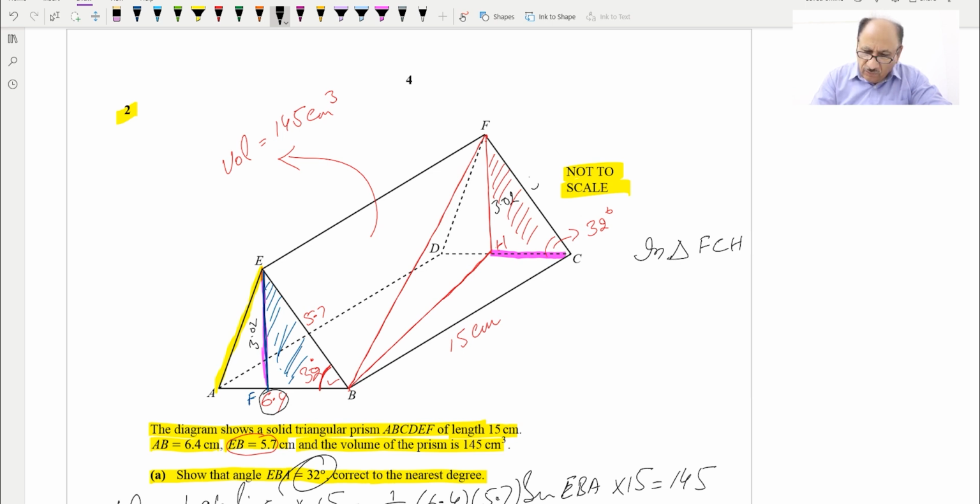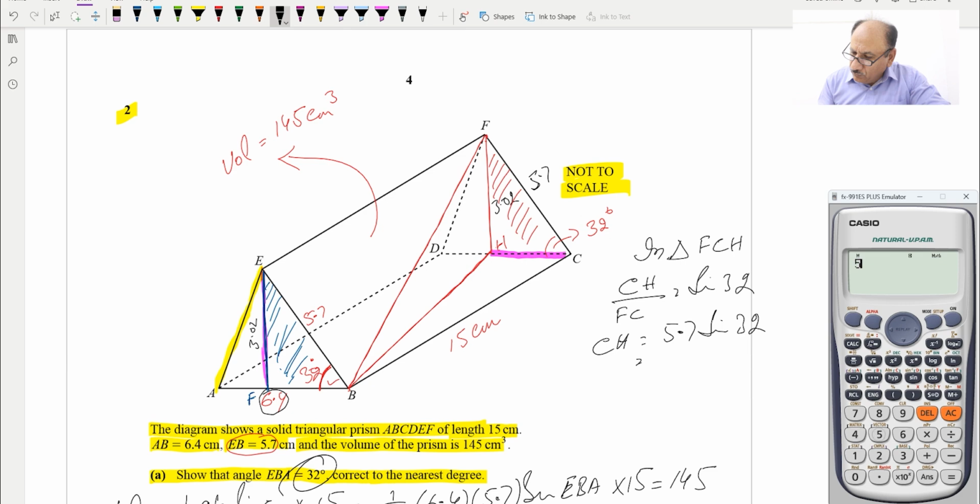CH over FC is equal to sine of 32, so CH will be equal to 5.7 into sine of 32, which gives us 3.02.